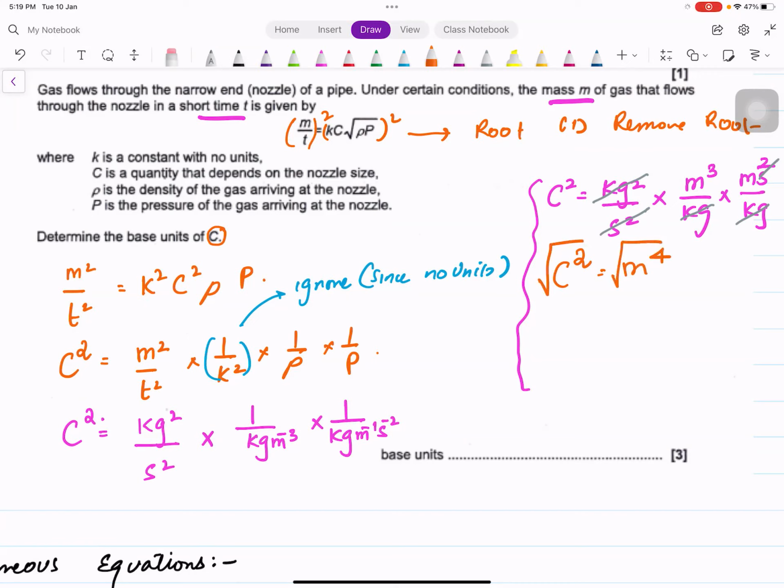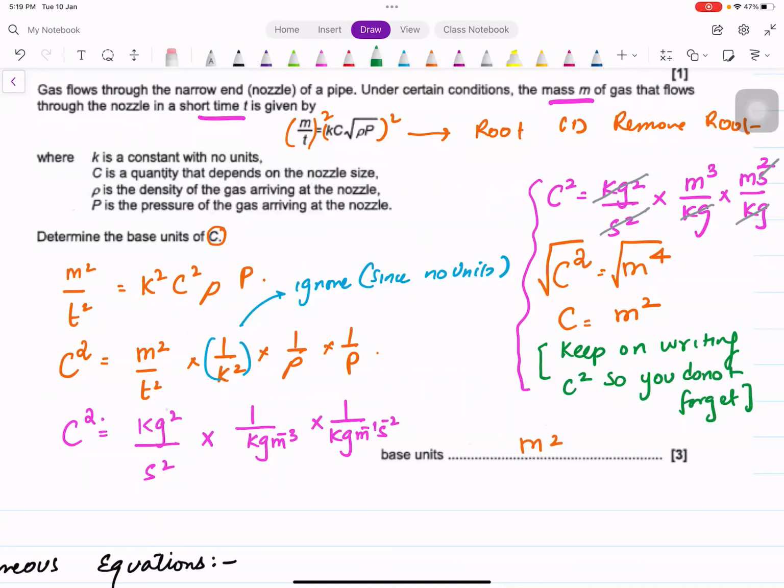Take the root again, because you need c, so it's going to be meter square. So that would be the base unit. Now I just want to tell you here to keep on writing c squared, so you do not forget. Okay, like that.